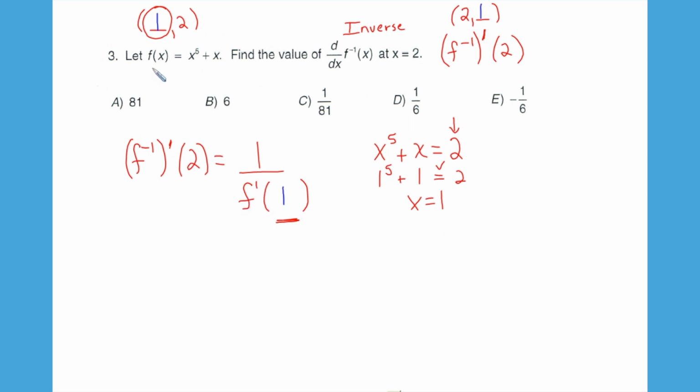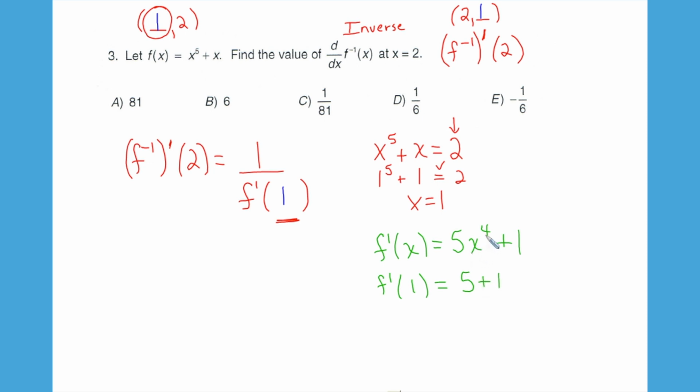Now, I have f, and I know how to take the derivative algebraically, so let's just do that. I ain't scared. All right, so f prime of x, I'm going to plug 1 in in a minute, is 5x to the 4th plus 1. See, that's really an easy derivative. What was I scared about? All right, here's f prime. We're going to plug in 1, and we get 1 to the 4th is 1. 1 times 5 is 5, right?